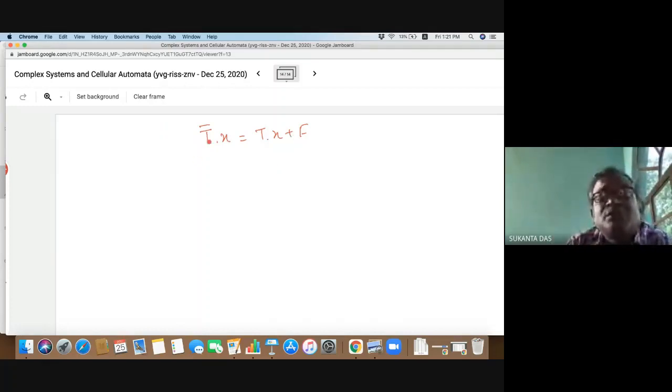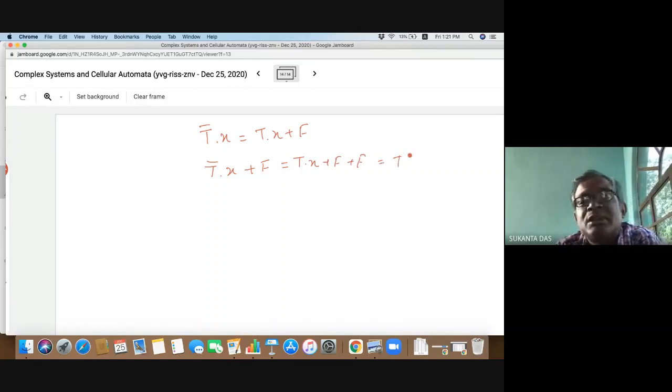So here, if I write in this way, say T bar x or f, what is this? This is actually Tx plus f, right? Equal to Tx. So just look at this.